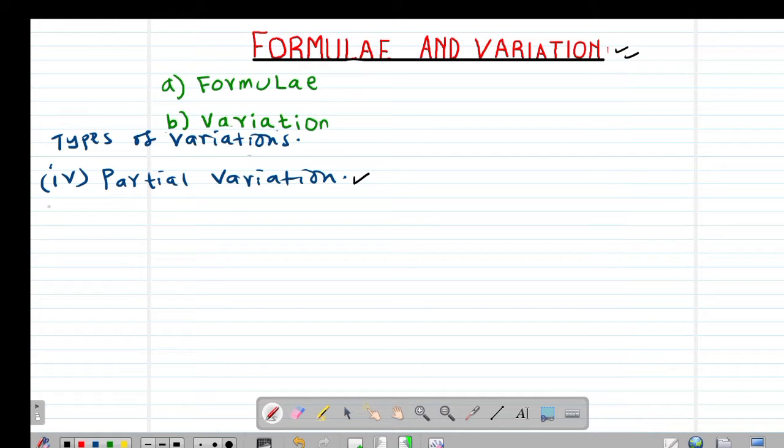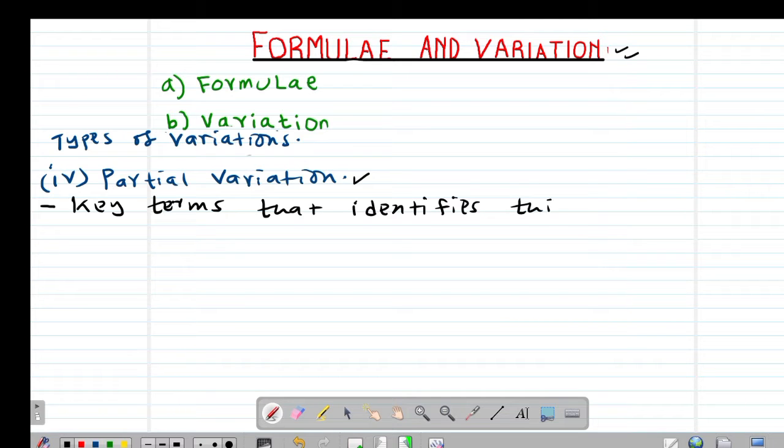Now the first thing that we are going to start with are the key terms that usually identify this type of variation.